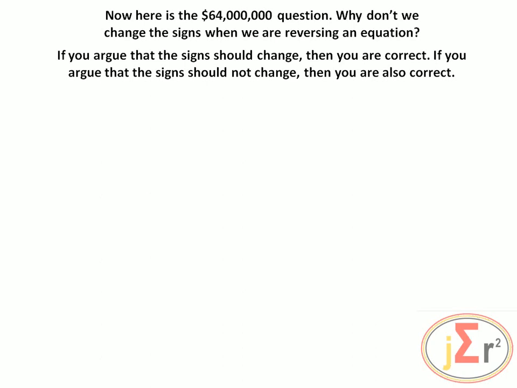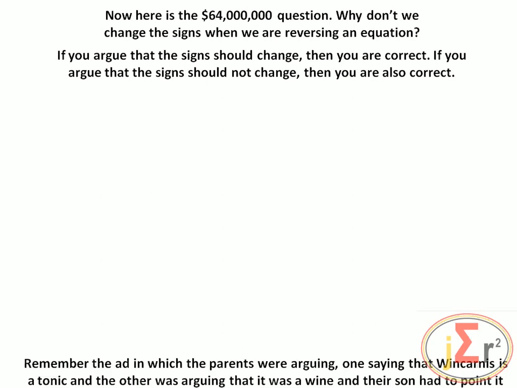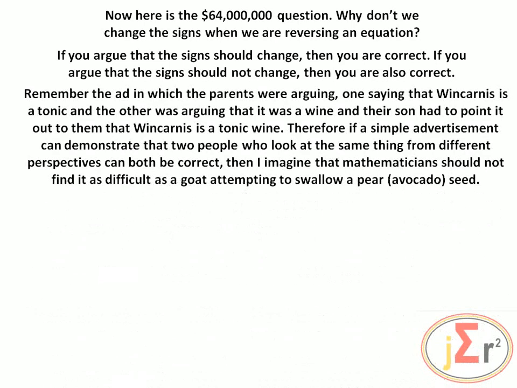And then we have some saying that there should be a change in signs, and I'm saying that you are both correct. Remember the ad in which the parents were arguing, one saying that Wincarnis is a tonic and the other was arguing that Wincarnis is a wine, and their son had to point it out to them that Wincarnis is in fact a tonic wine.